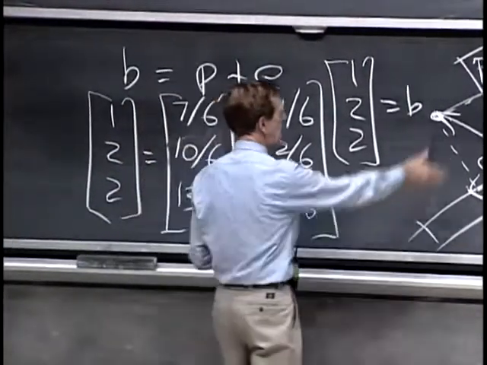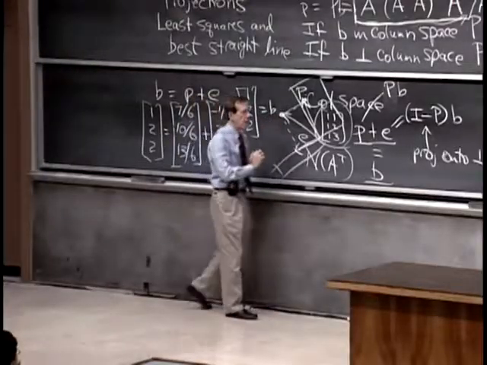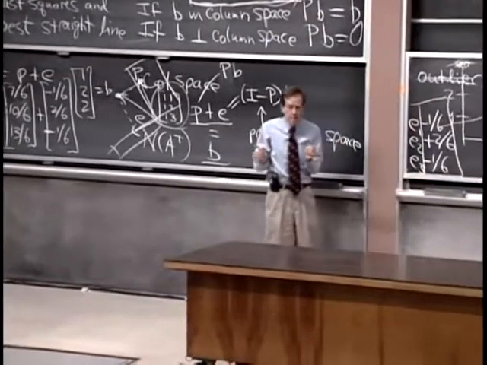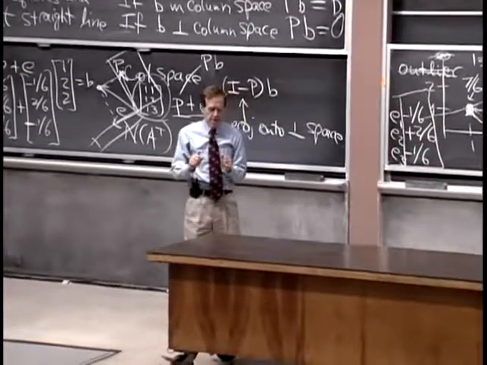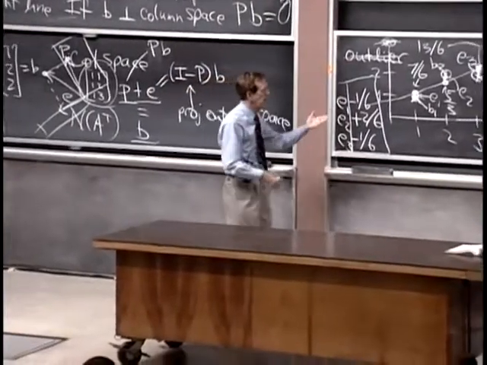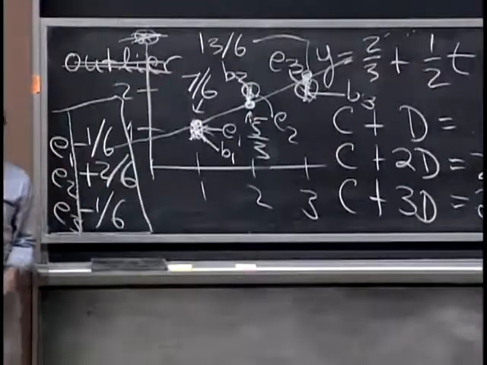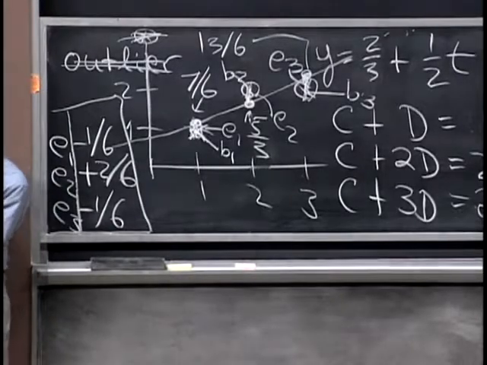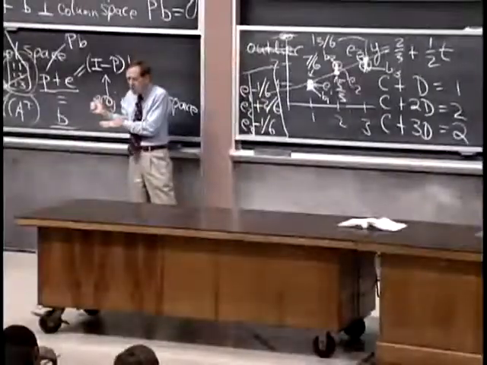Okay, I hope you see the two pictures. The picture here for vectors and the picture here for the best line. And it's the same picture, just like this one's in the plane and it's showing the line. This one never did show the line. In this picture, C and D never showed up.